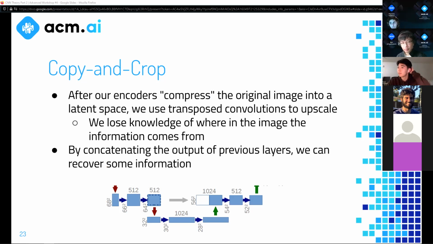Max pooling didn't have any indicator for where in a particular local field we're getting our max value from. But by concatenating the output of previous higher layers, we can recover some of that location information, so we can piece back together, when we upscale, where in our original image a particular instance of an object was.